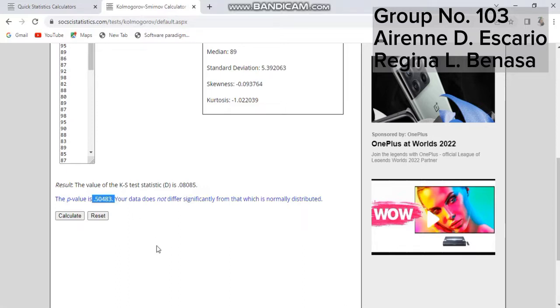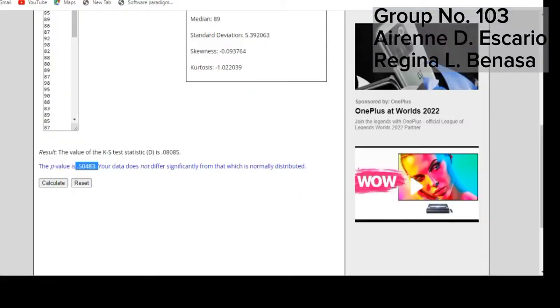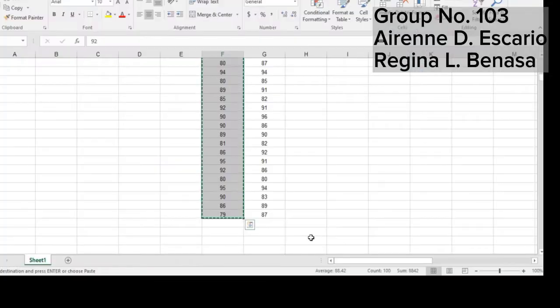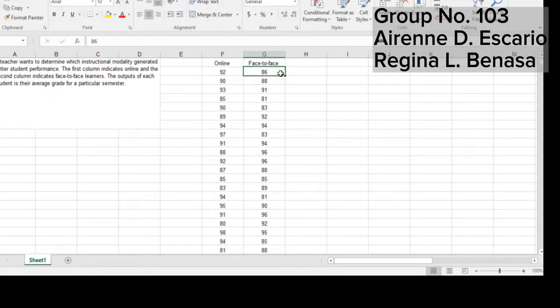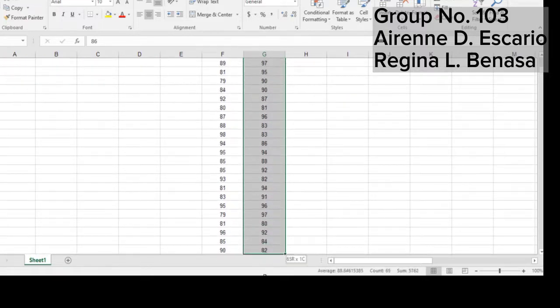If we recall, the computed p-value is greater than our significance level of 0.05, then our data is normally distributed. Let's try our data set for face-to-face learners to verify if they are normally distributed or not.